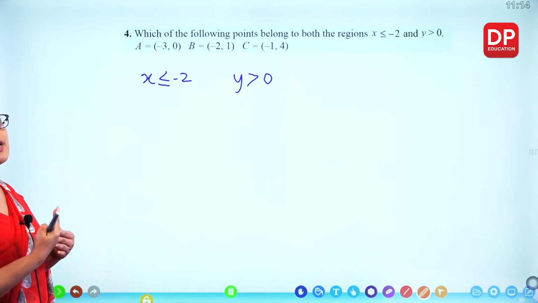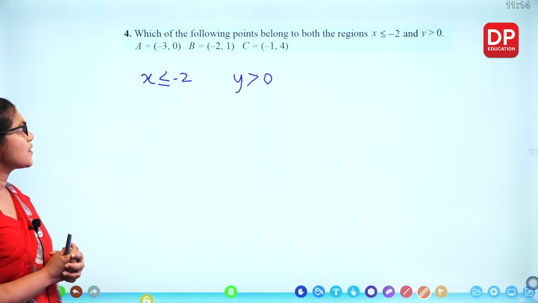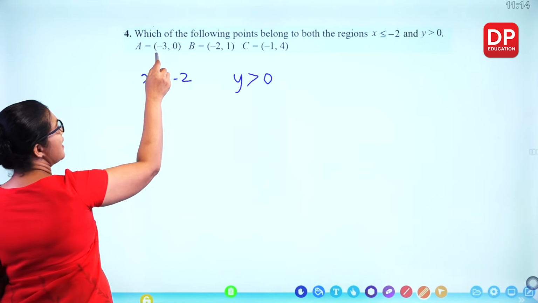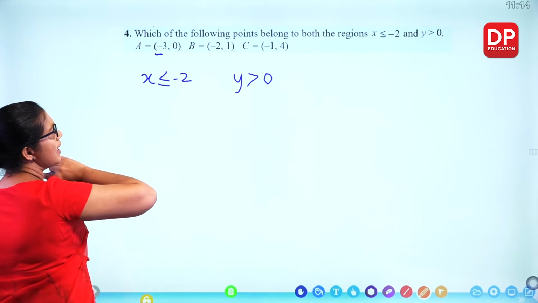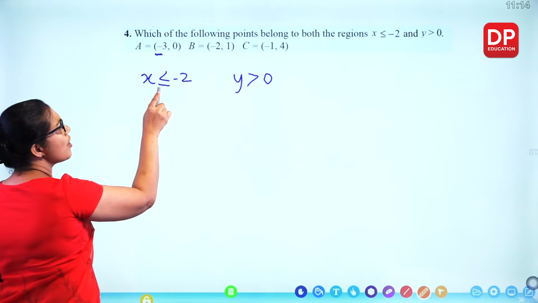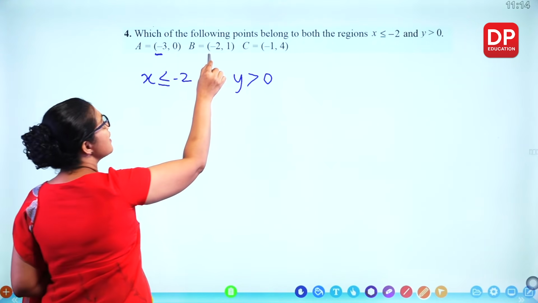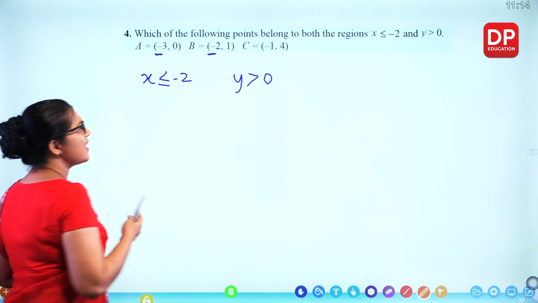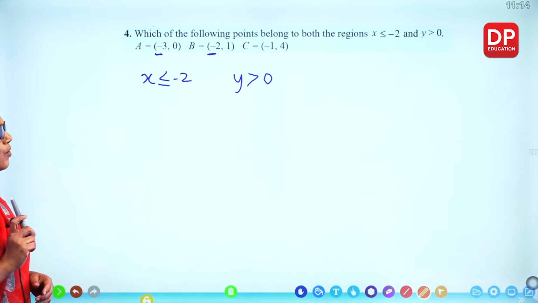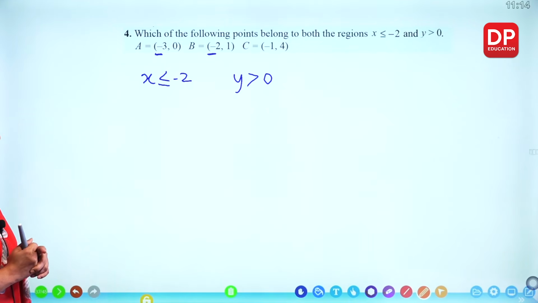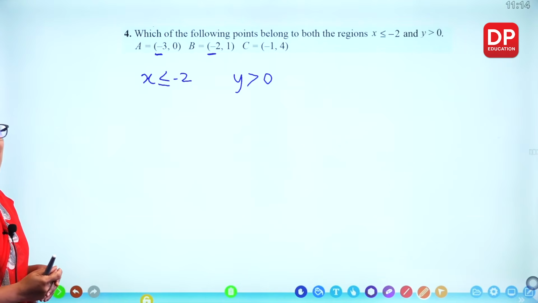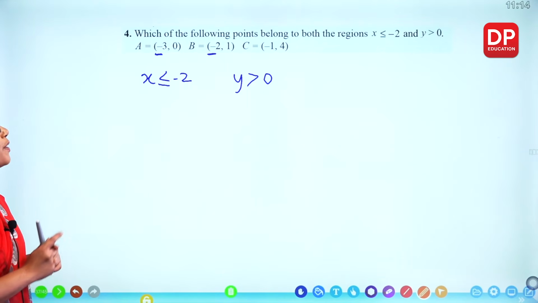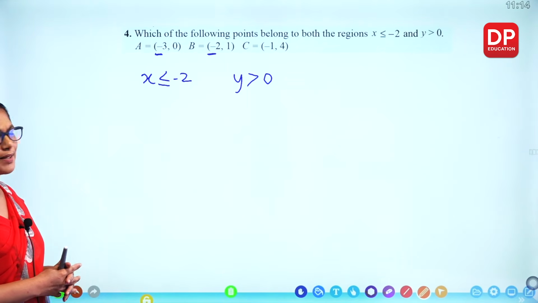You can take minus 3, minus 5, any x value. So here minus 3 is okay. Minus 2 is also okay because it's included. Minus 1, can we take minus 1? No, we can't take minus 1 because minus 1 is greater than minus 2. So we can't take the C point.